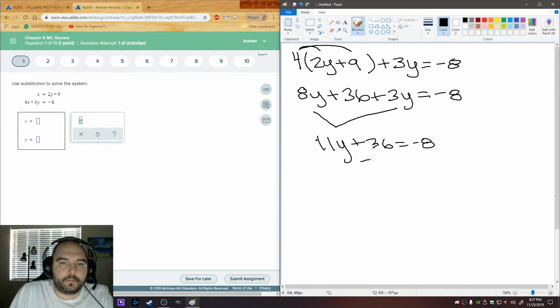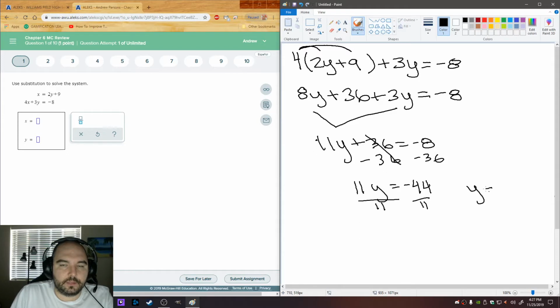Minus 36 on both sides, which will leave me with 11y equals -44. I divide by 11, and the result is that y equals -4.